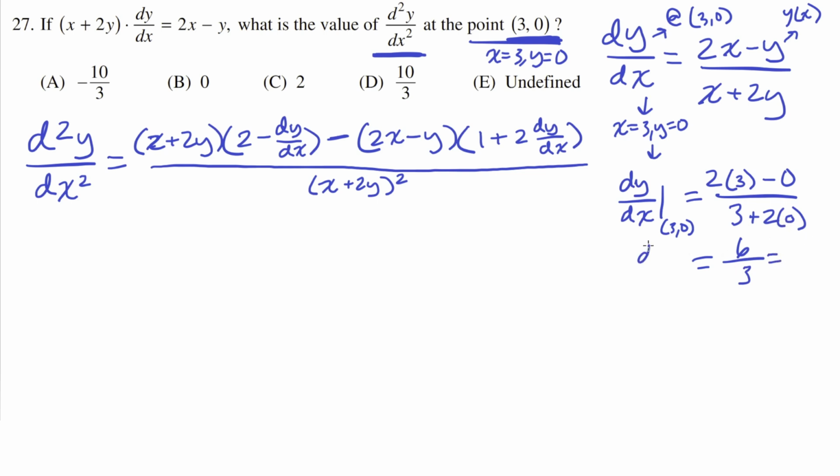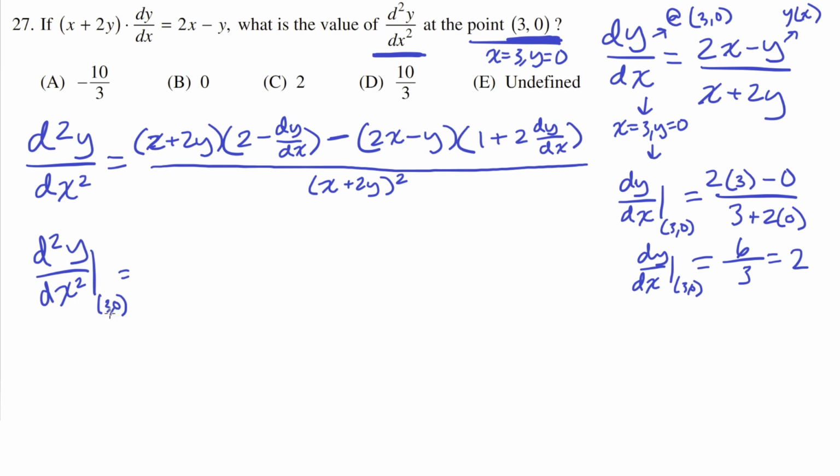So that means dy/dx at (3, 0) is equal to 2. So now when we're plugging in our value (3, 0) into the second derivative, we'll just plug in a 2 for the value of dy/dx.